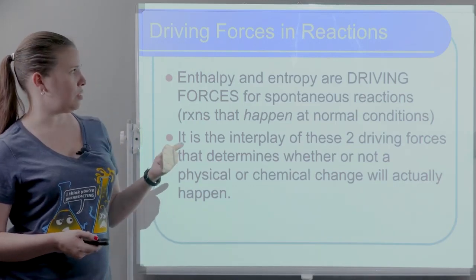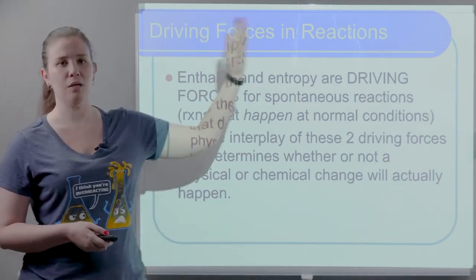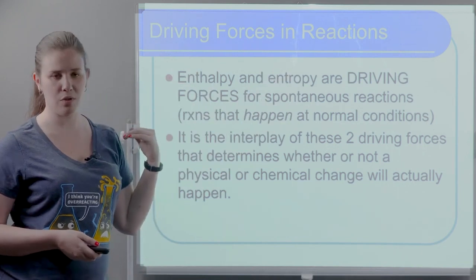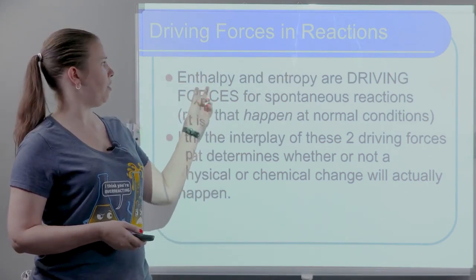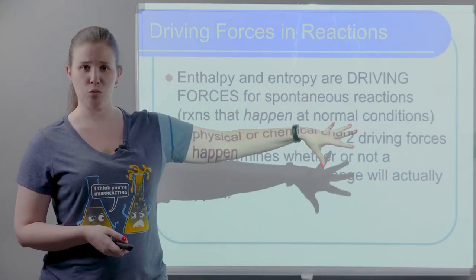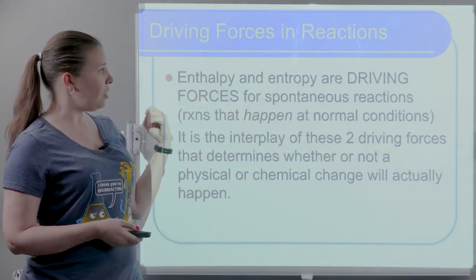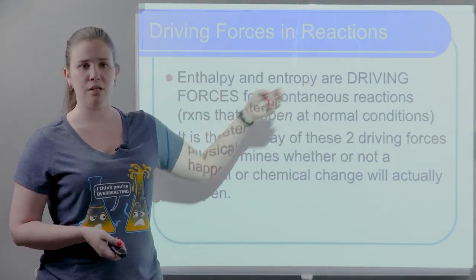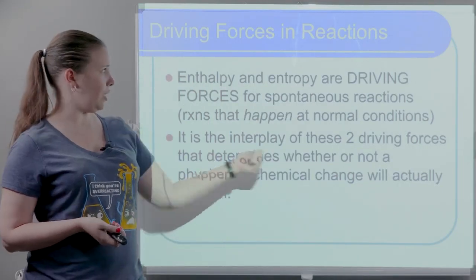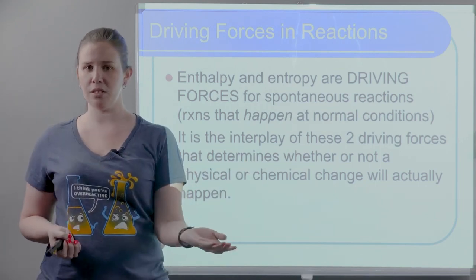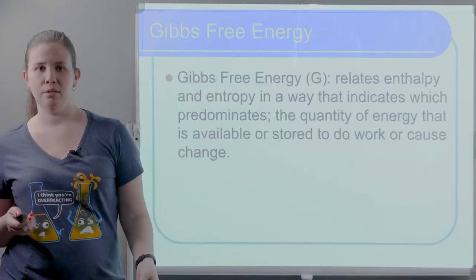Just because something is favorable heat-wise doesn't mean that same thing is favorable chaos-wise, and vice versa. Of course, if it's favorable both ways, that reaction will definitely happen. And if it's unfavorable both ways, that reaction will never happen. We're also going to look at an interplay, where if one thing's favorable and one thing's not, which one wins?